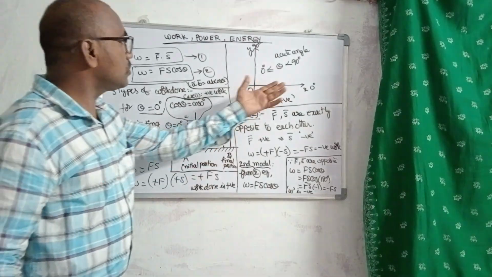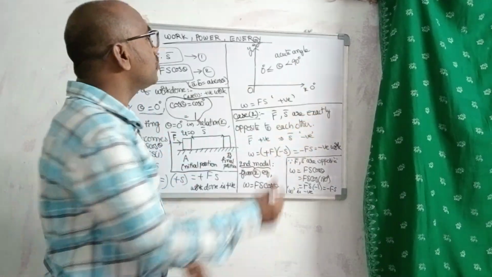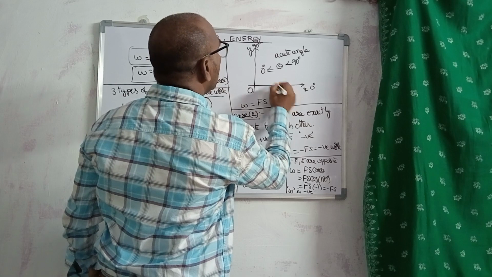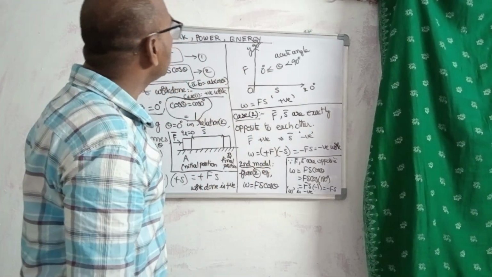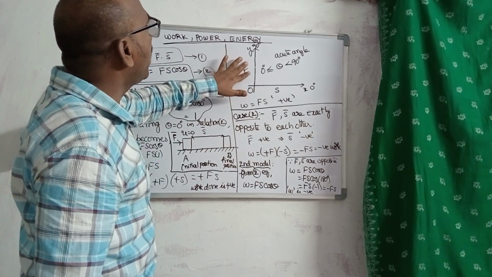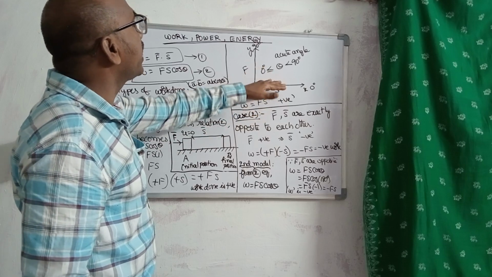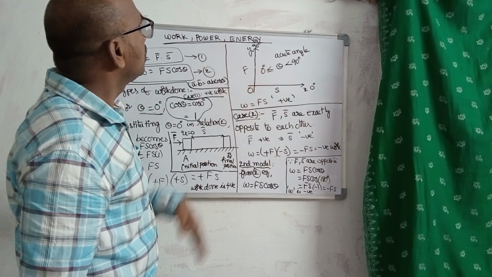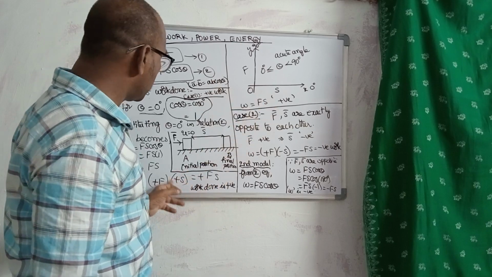What about the second case? Let theta be the angle between the force and the displacement. If theta is an acute angle, then automatically work done is positive using this relation.